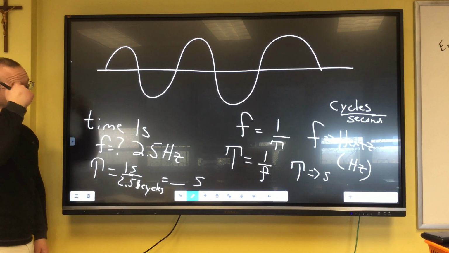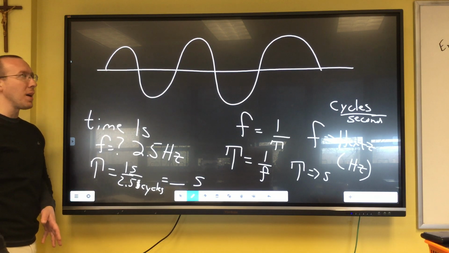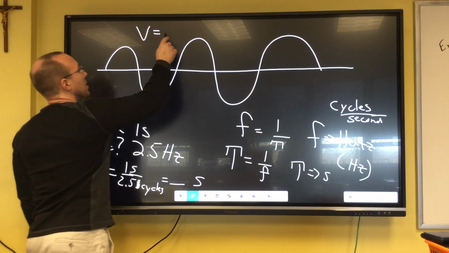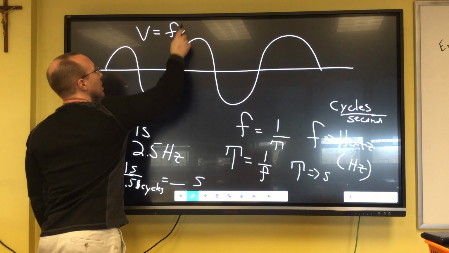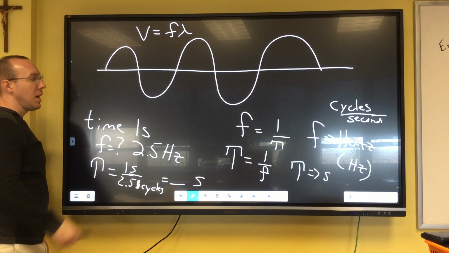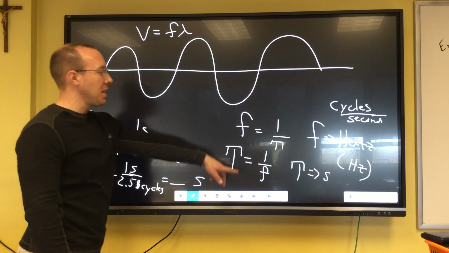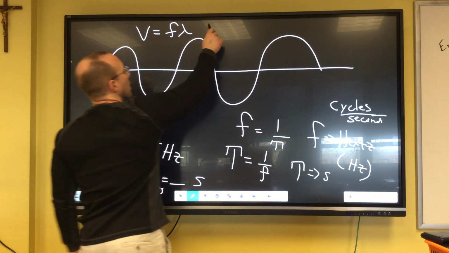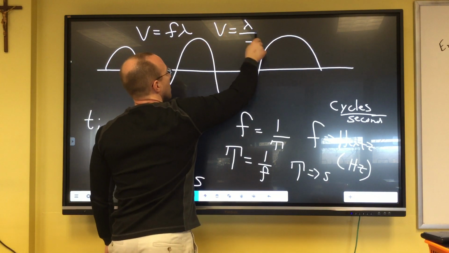Now, if I wanted to figure out the speed of a wave, like this, the velocity is equal to the frequency times the wavelength. And if I were to substitute in there the period, okay, for frequency, I would get velocity is equal to this.